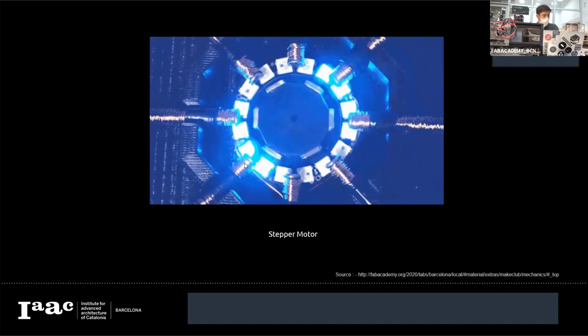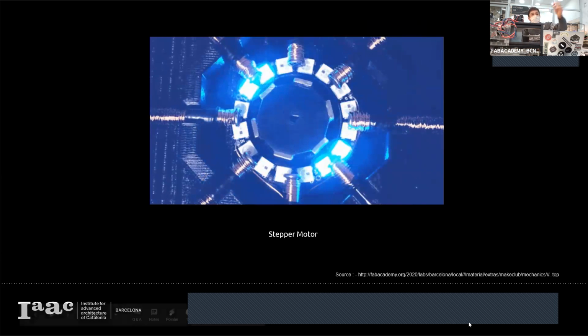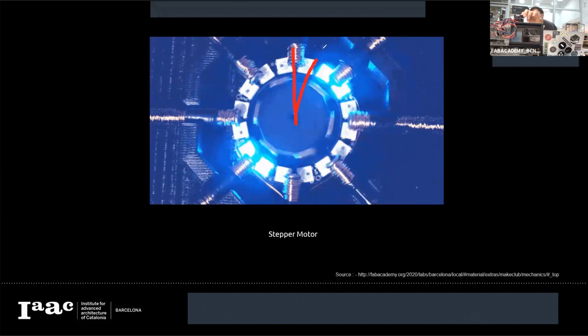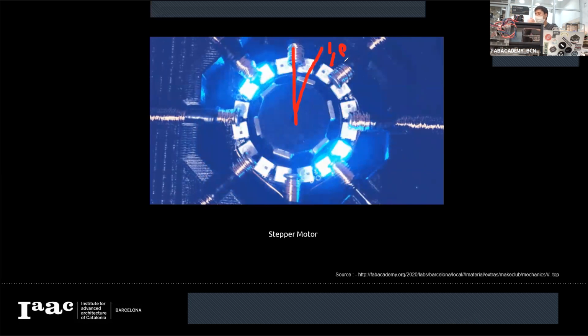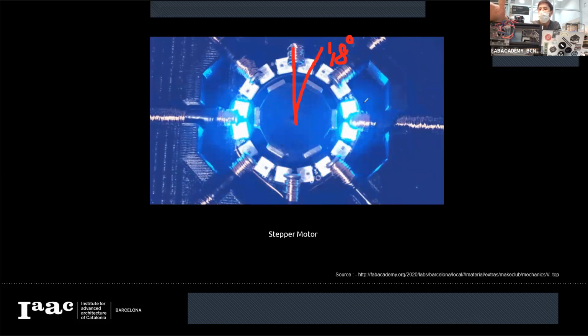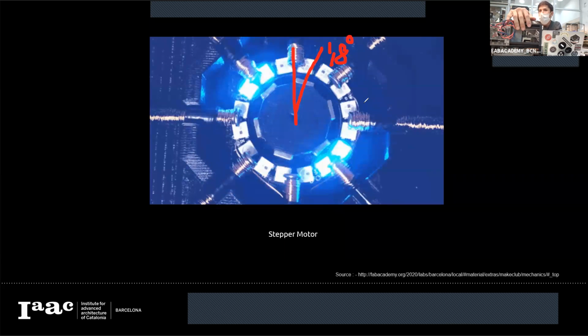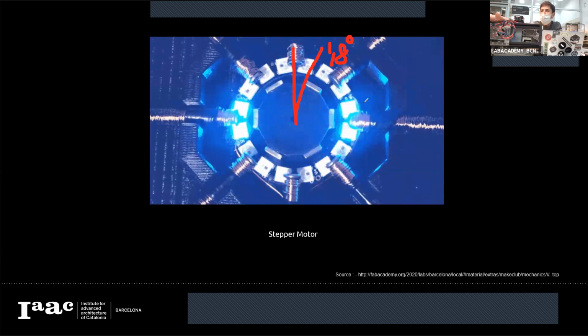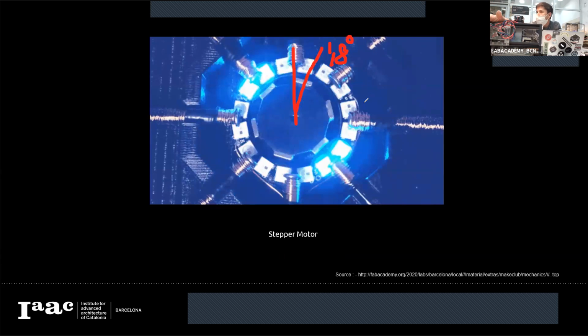Okay. Now, as you can imagine, to control that is not, let's say, a trivial thing. So you need a piece of electronics that can support that type of control. We'll see in outputs how we do that, but basically just keep in mind that for controlling stepper motors, you need something that is a driver.